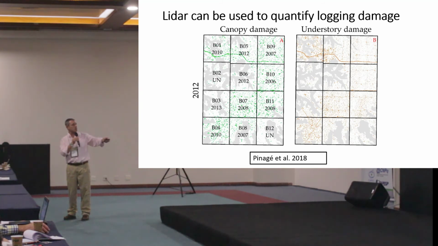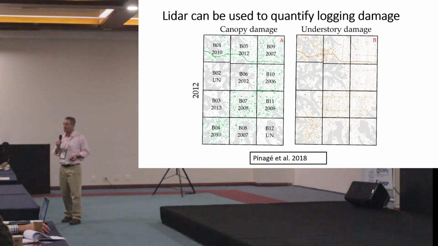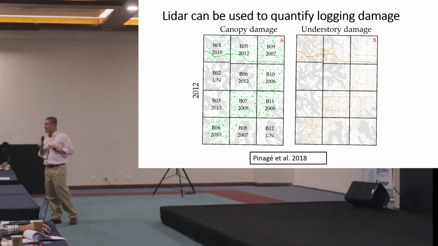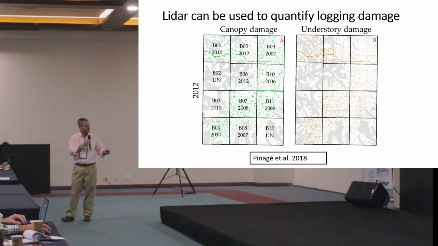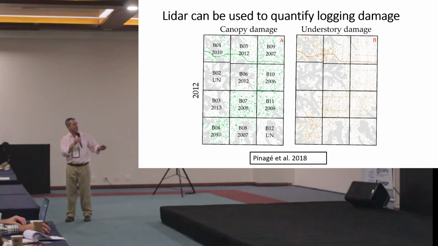And this is understory damage, which was measured using a relative density model. We took the number of LiDAR returns below a half a meter and compared it to the number of LiDAR returns in the entire column. And where we get bright responses, that's where the lower returns that aren't necessarily ground returns occupy a high proportion.